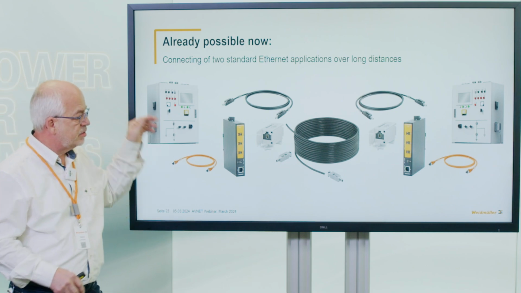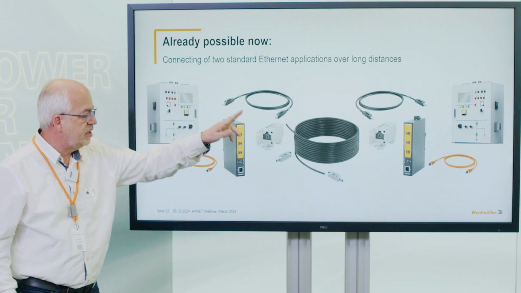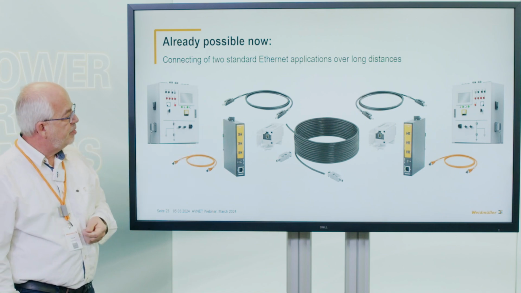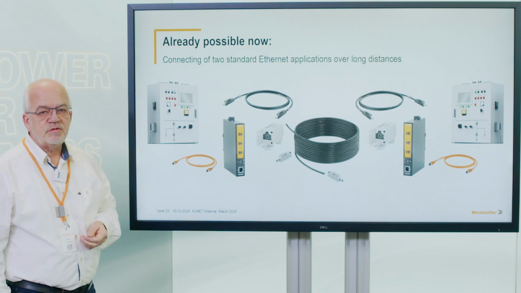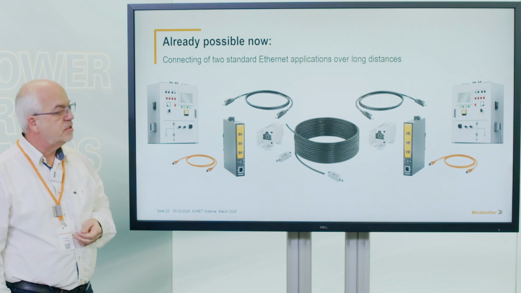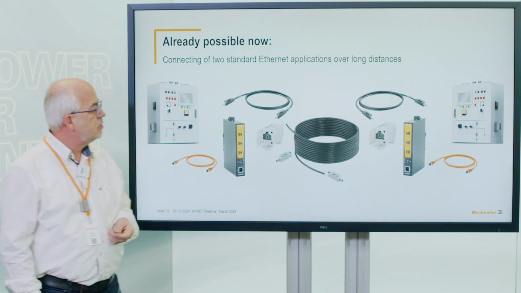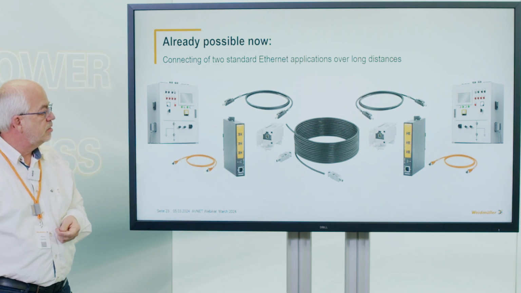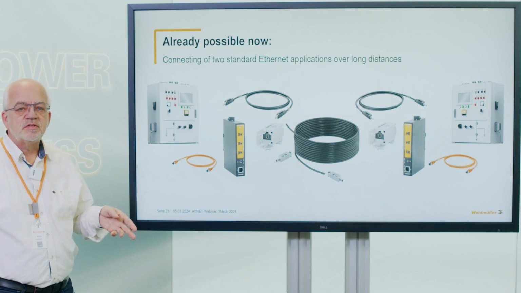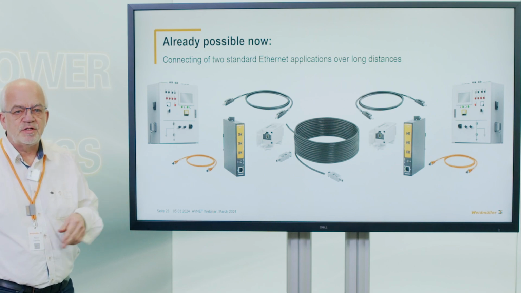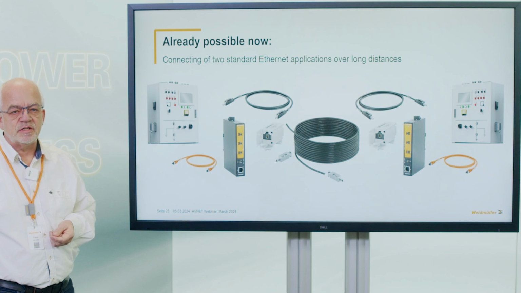You can talk direct IP communication between these two cabinets without fiber optic, without additional repeaters or switches within the line. So I think it's a very good option to use single pair Ethernet right now and to make first experience with single pair Ethernet components.